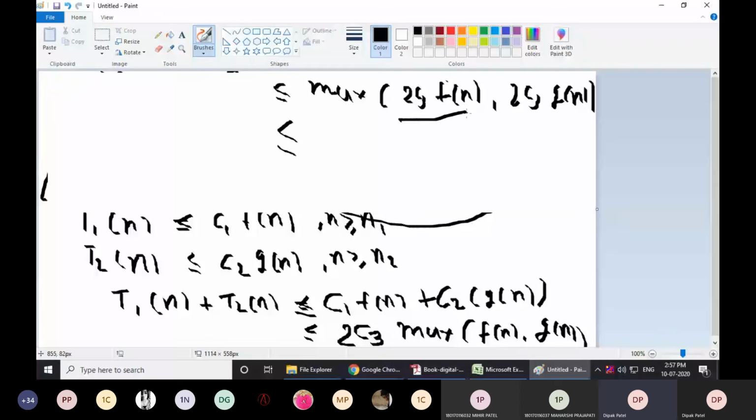So this is what? Big O of f(n), this is big O of g(n). So we can say that it's a max of big O of f(n) and big O of g(n). Okay, so we have proved this.